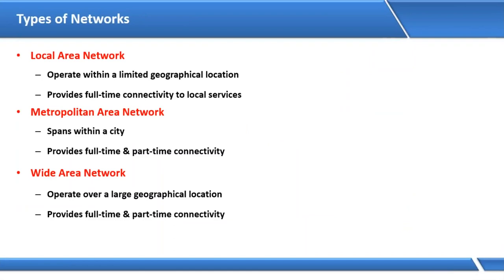WAN covers a large geographical location, and we have full-time and part-time connectivity. Nowadays the internet is our main option, and you will get good service. That's why in real time we are working on WAN. Okay, so please write down the types and copy this slide.